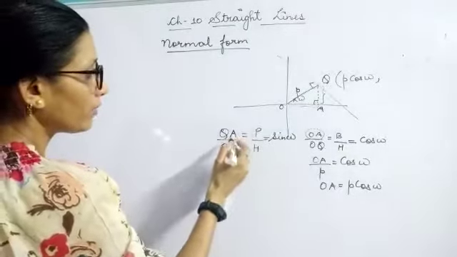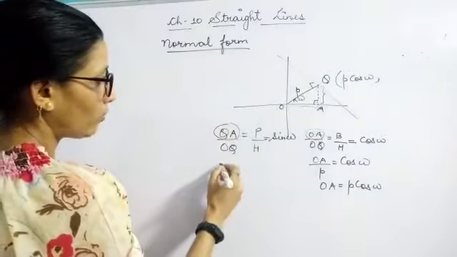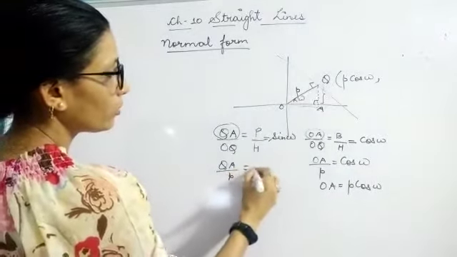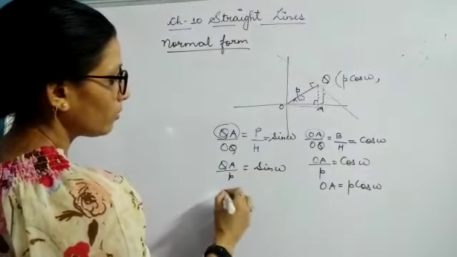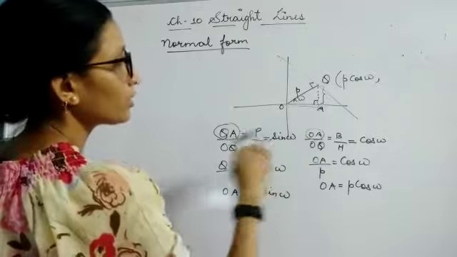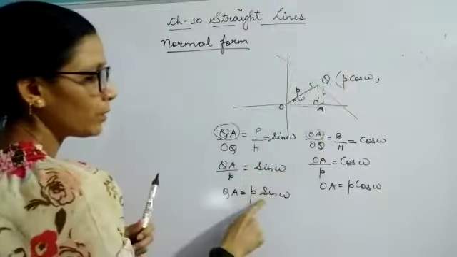So here if I want to find out QA, then obviously I will write OQ, the value of OQ is P, equal to sine omega. So it will be QA equal to P sine omega. That means this distance QA is P sine omega.